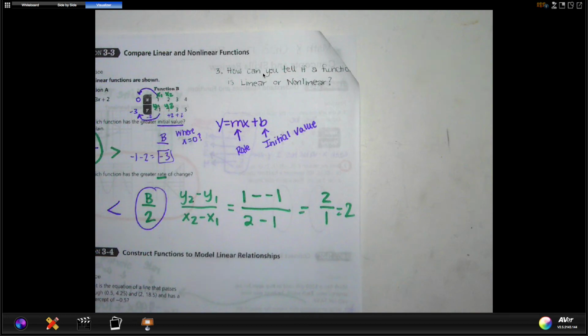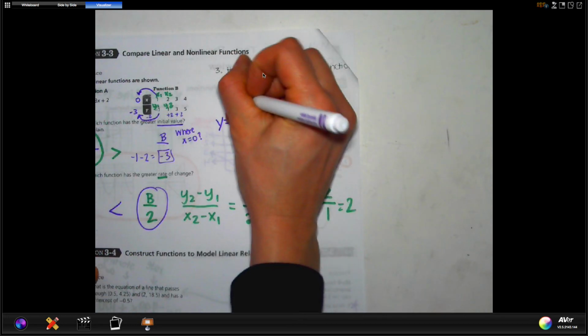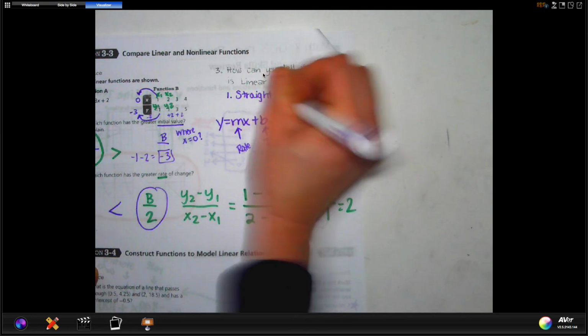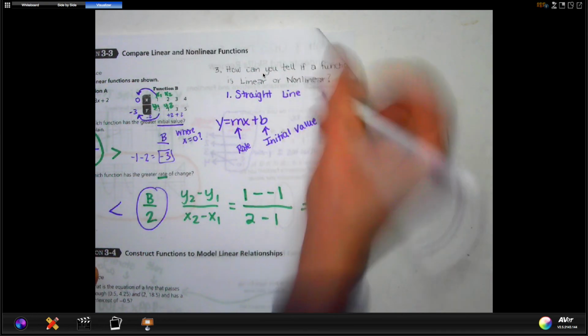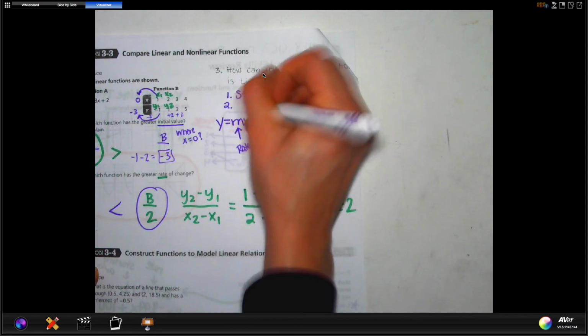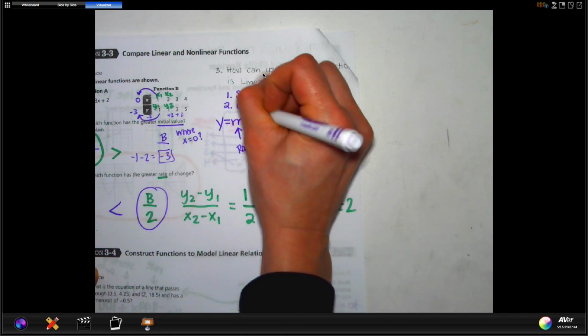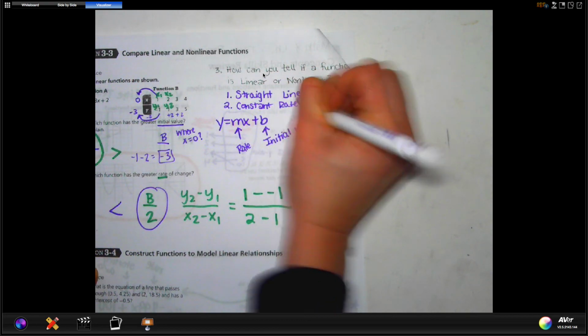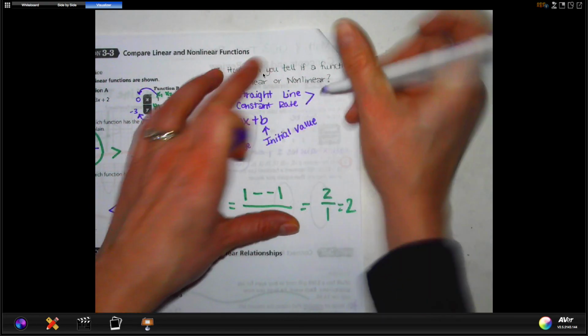Yes. Okay. So it will be a straight line on a graph, right? And a constant rate of change. That means that will be linear.